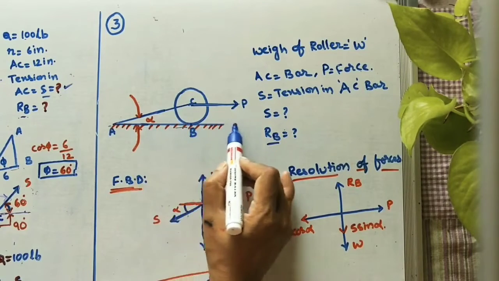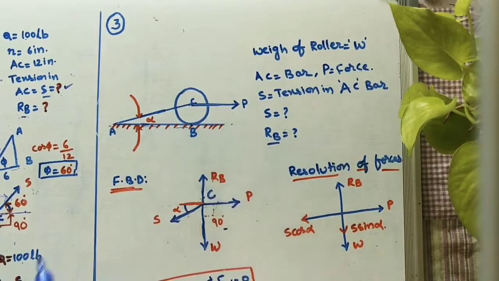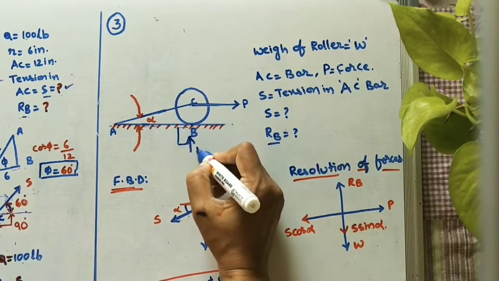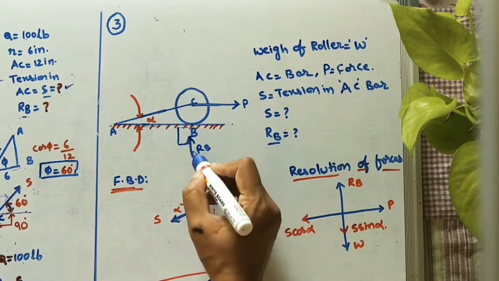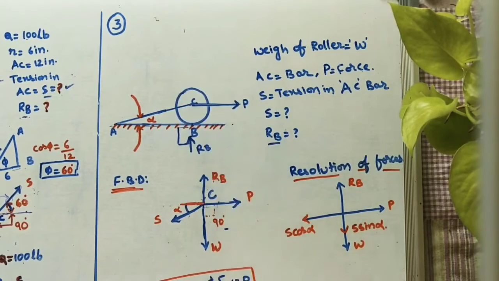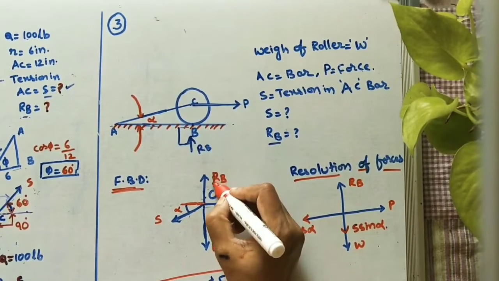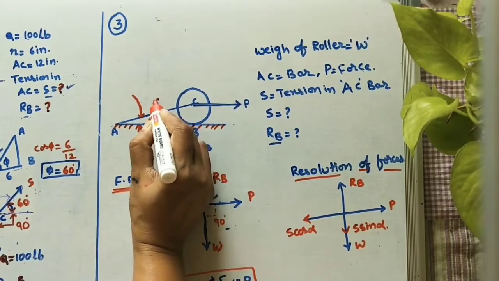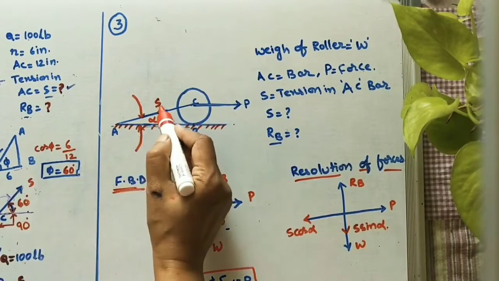And then reaction at B point. Surface is horizontal. Reaction is upward, 90 degrees with the surface. So this RB I took in upward direction through center. And then tension I took in this direction. Yes. Okay, I am assuming the direction is like this.